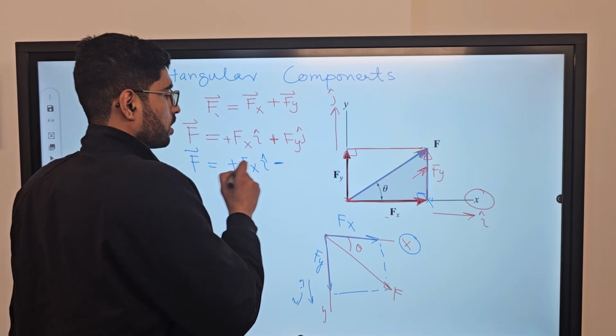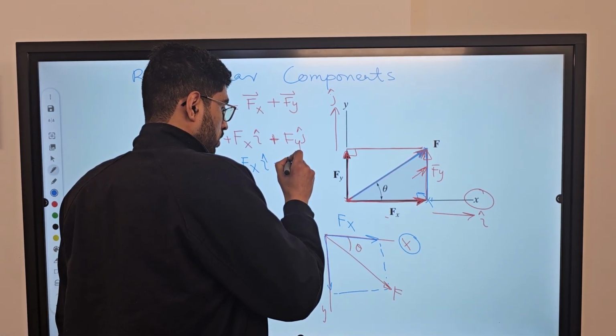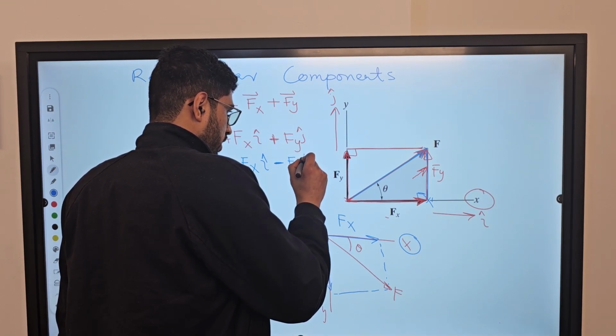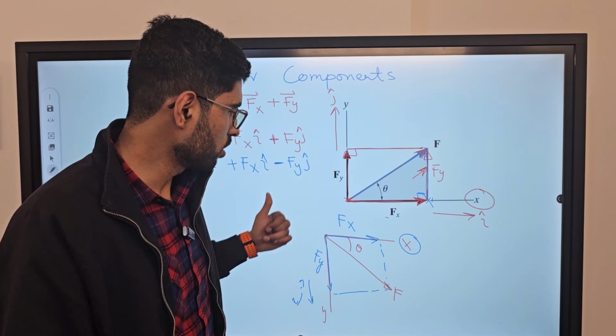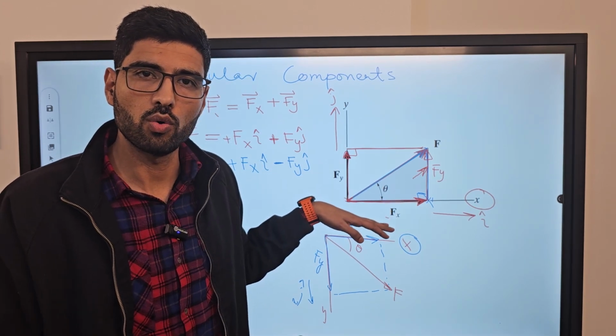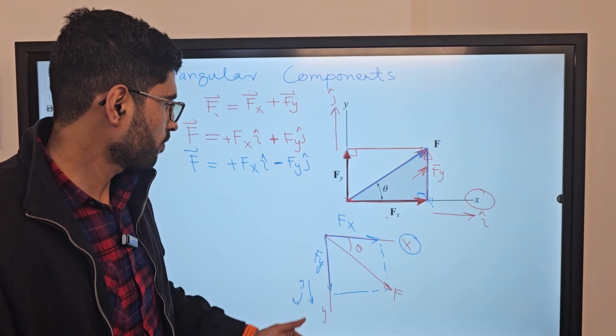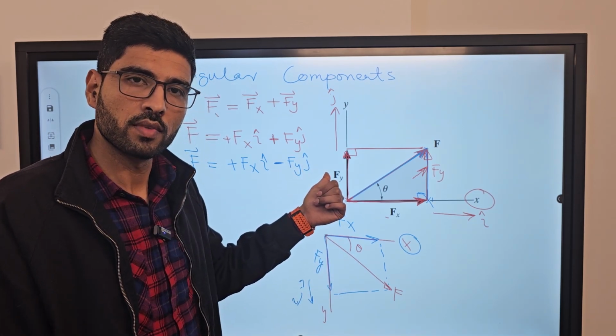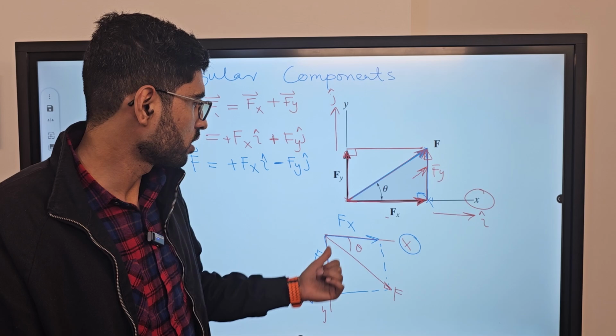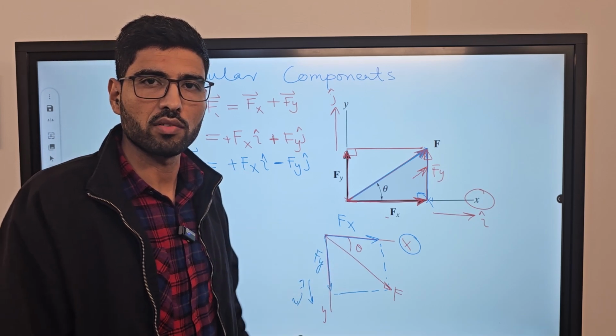So we say plus f of x I minus f of y j. So the plus minus tells us the direction of the arrow where it is heading. So if the component is acting in the negative y direction, we must write minus j. And if the component is acting in the negative x, we must write minus f of x I.